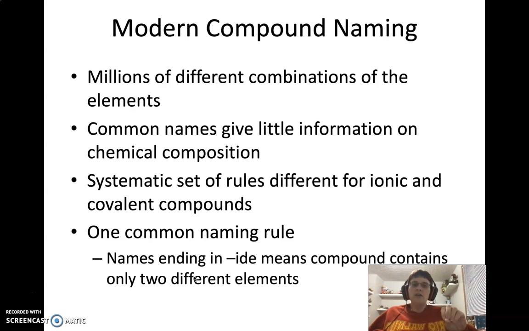Those actually end in other things like "ate," like carbonate. So if it ends in "ide," that means it only has two different elements. And for the most part, in this class, we're going to be working with things that end in "ide," so just two element compounds.